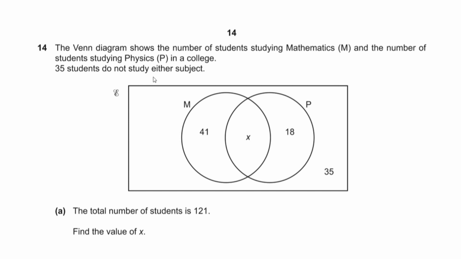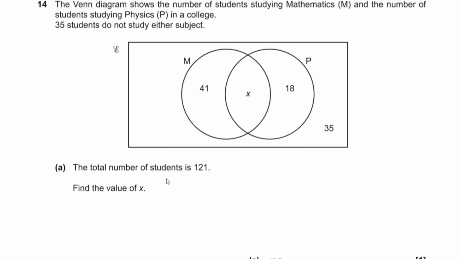Question number 14. The Venn diagram shows the number of students studying mathematics and the number of students studying physics in a college. 35 students do not study either subject. Part A, the total number of students is 121. We have to find the value of x. So, we've got 41 plus x plus 18 plus 35.